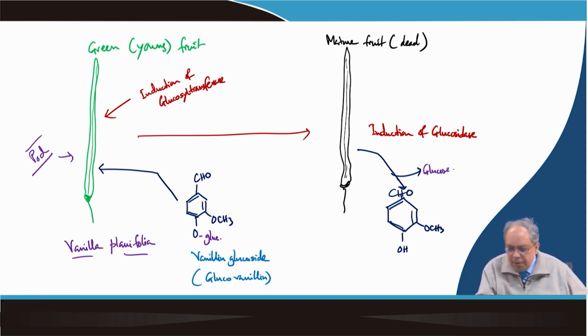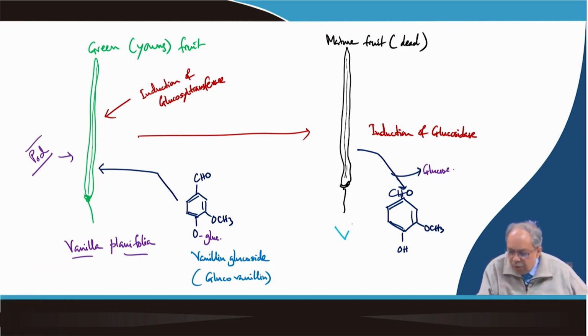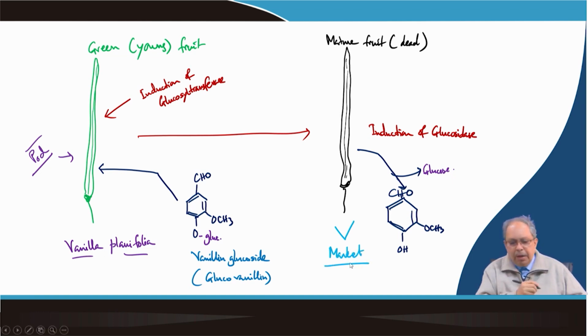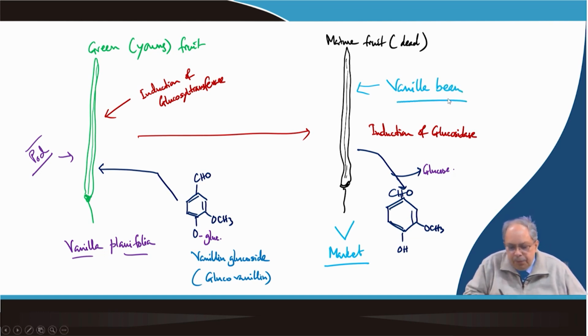What is available in the market is basically this product. You can buy it in a big supermarket, the black colored vanilla pod, also called vanilla bean. Now if you analyze this vanilla bean, you will find vanillin as the major fragrance component.